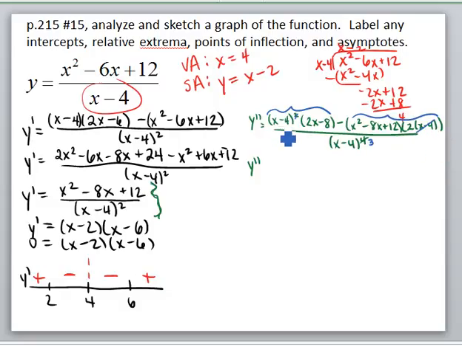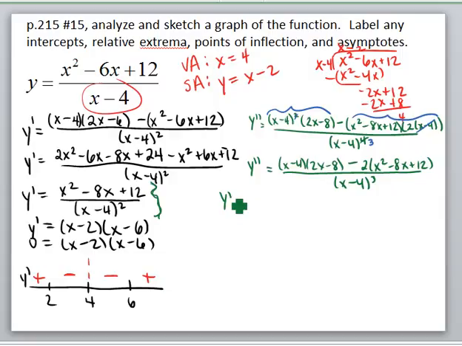I can do that because I have one term here, another term here, and a term down below, and each of the terms has an x minus 4. So what that leaves me with is an x minus 4 times 2x minus 8, minus 2 times this, so minus 2x squared minus 8x plus 12, all over x minus 4 to the 3rd power.